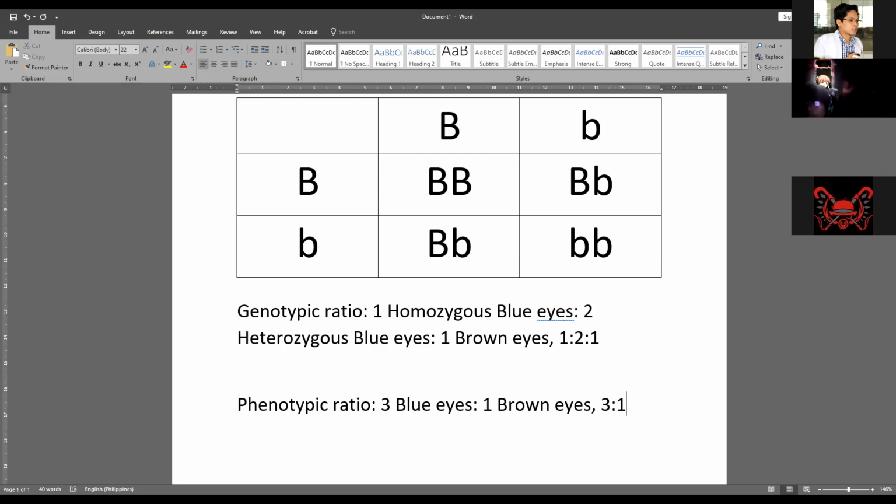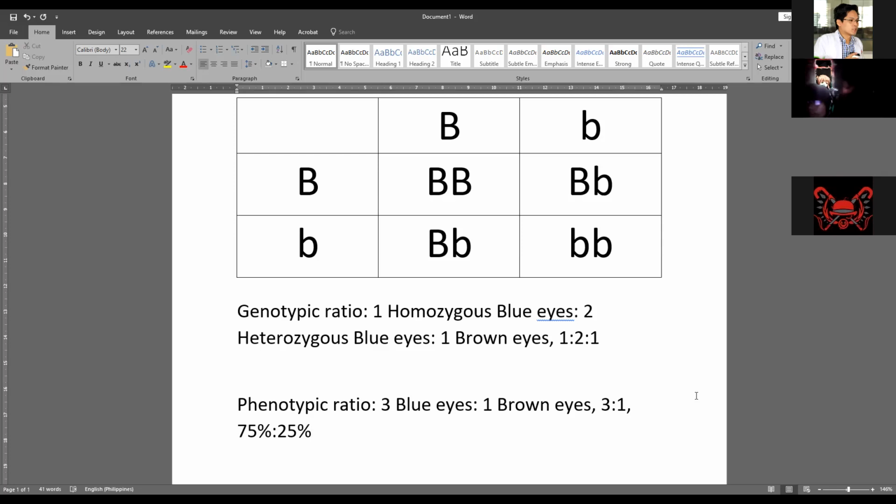Okay? Or 75% is to 25%. If you're going to look at it in a ratio. Okay? In percentile. How about in genotypic? It's 25 is to 50% is to 25. That's it.